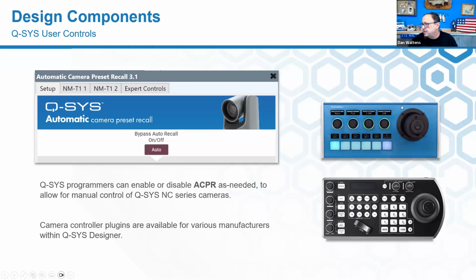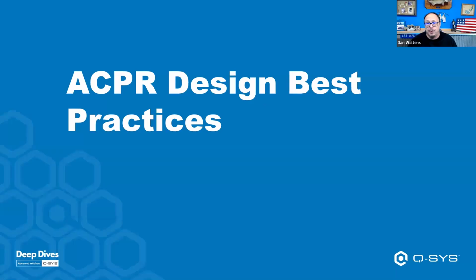We do have plugins available for the Scarouche and also Visca controllers. So we have different camera controllers that we have plugins for. So if you need to do manual camera control, you can do that.